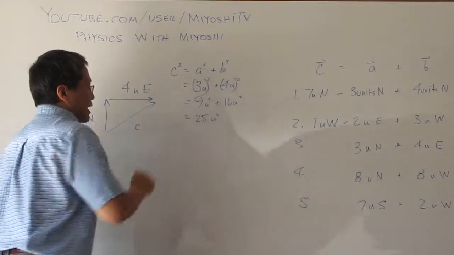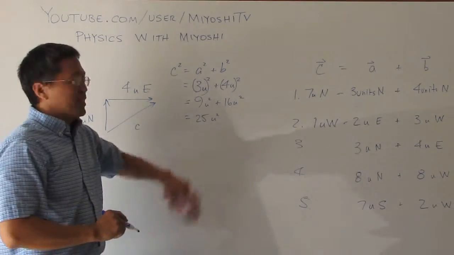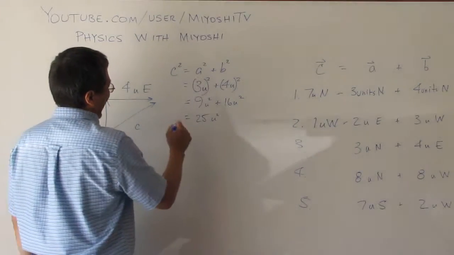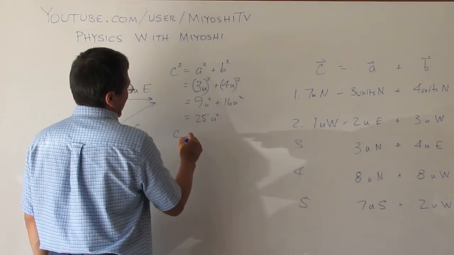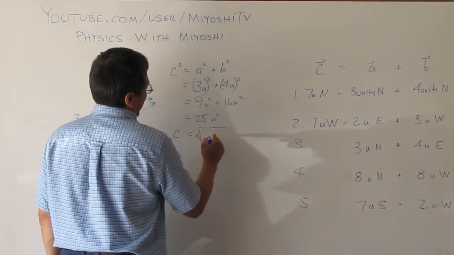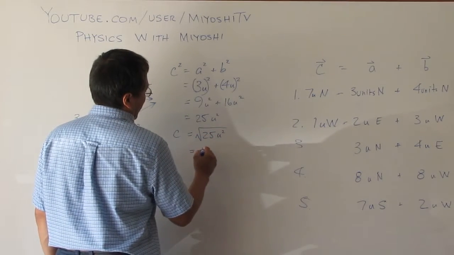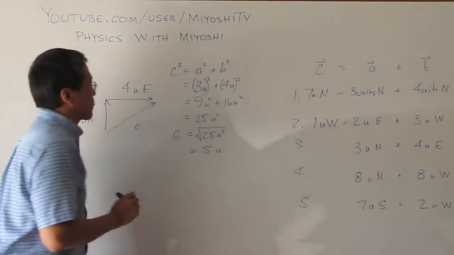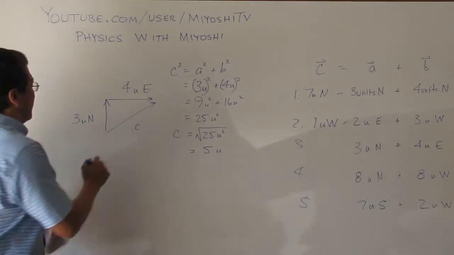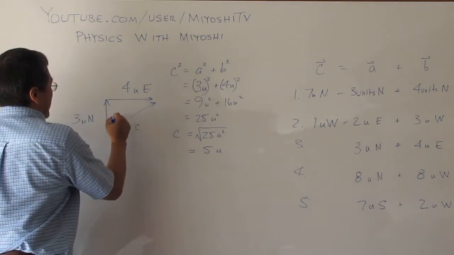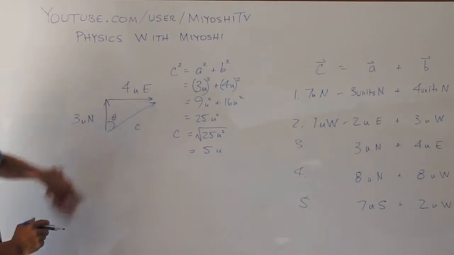And I will talk to you later about why I'm putting the units there. And then C would be the square root of 25 units squared. So that will be 5 units.